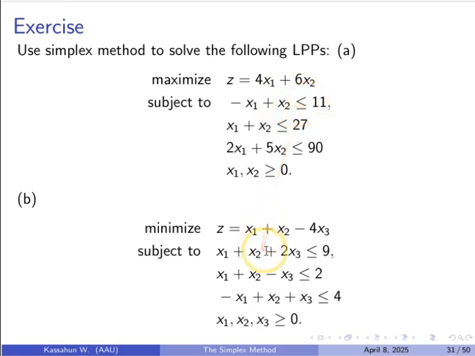Here we have 3 variables, we are in 3-dimensional space. Therefore, the simplex method is better than the graphical method here. So you try this both by the simplex method to find the solution. Here you can confirm using graphical methods. Here you apply simplex method.